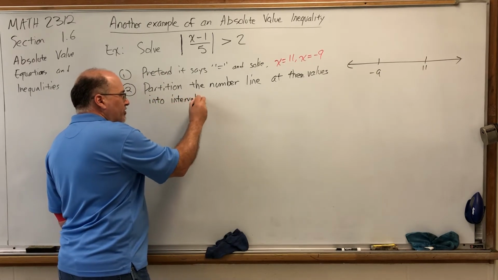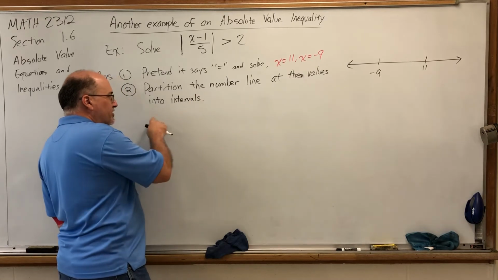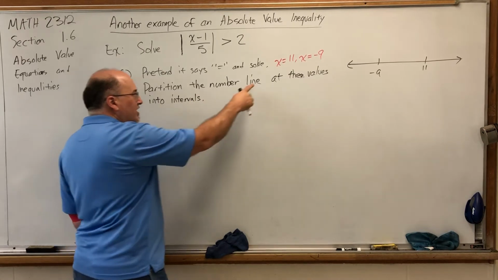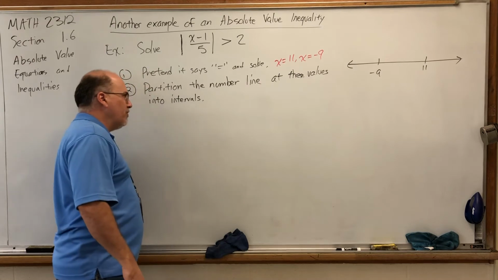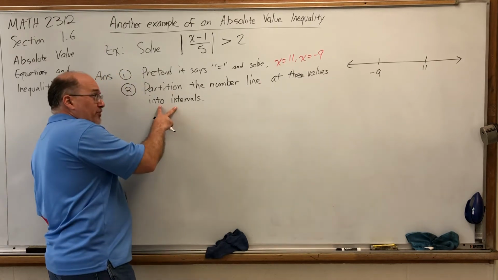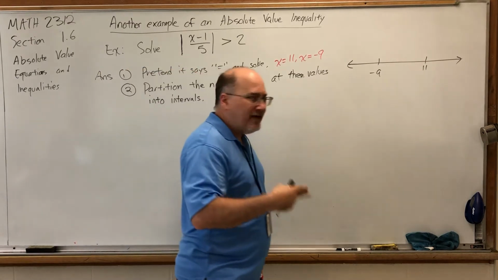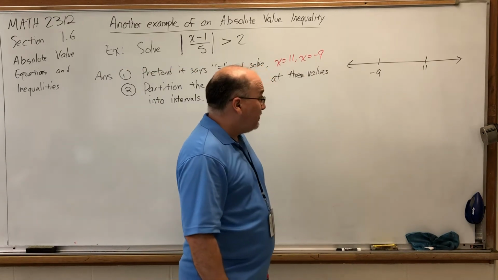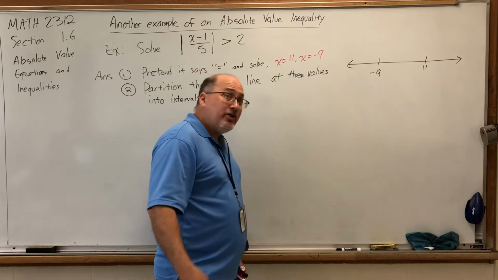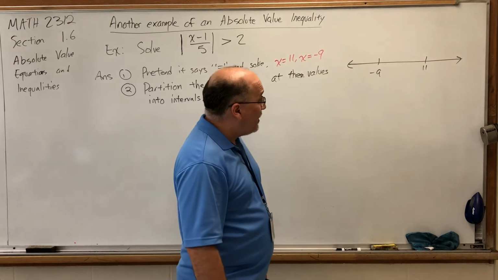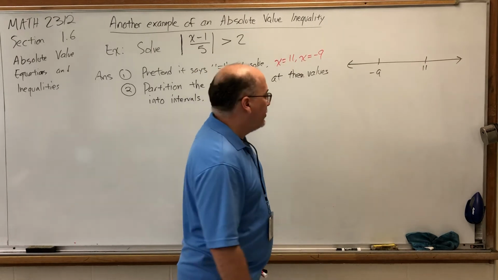And I remember when I wrote this in class, I had squeezed the phrase into intervals after partition the number line because I actually believe that that prepositional phrase fits better there. But regardless, you're cutting the number line at these values, you're thinking of it as a piece of string, and then you're describing the pieces of string that you get when you cut using interval notation.